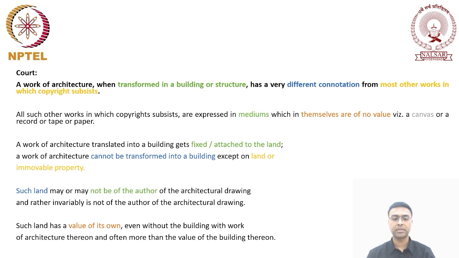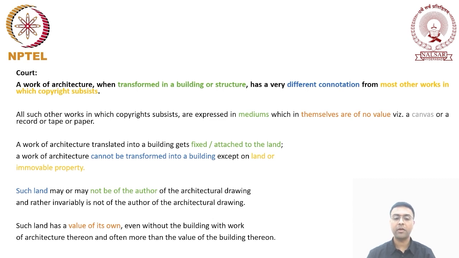All such other works in which copyright subsists are expressed in mediums which in themselves are of no value, such as a canvas. A work of architecture translated into a building gets fixed or attached to the land. A work of architecture cannot be transformed into a building except on land or immovable property.